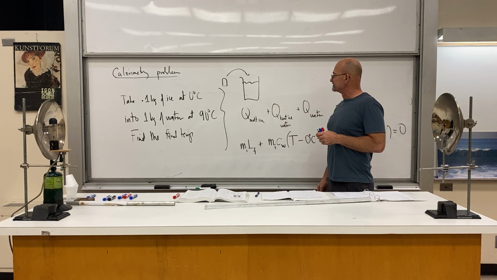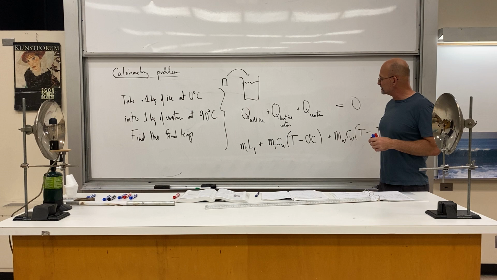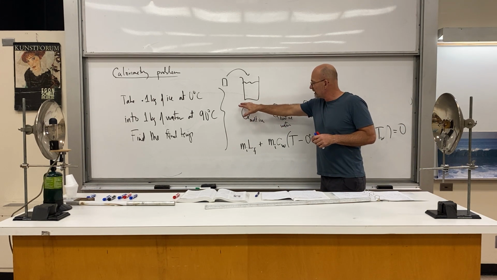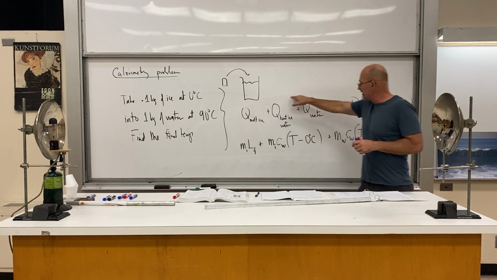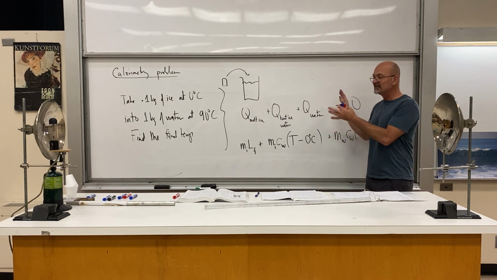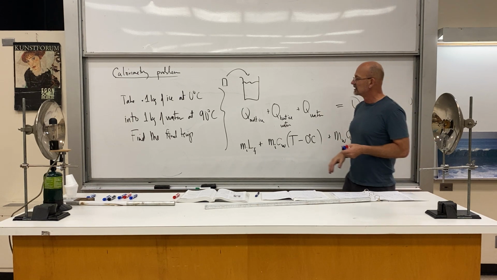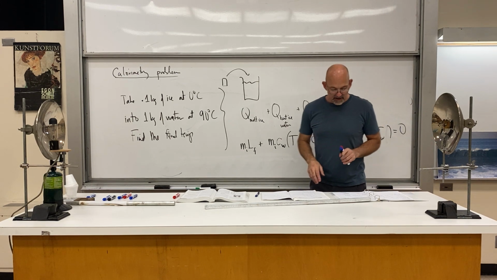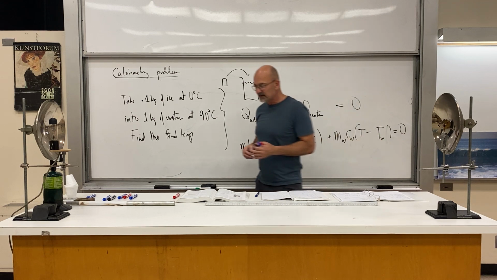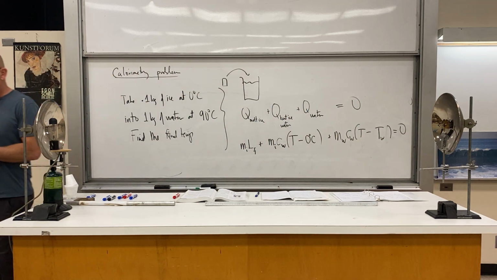No problem. Okay, so the principle always, though, is that the sum of all of these heat quanta is 0, because it's just flowing from one object into another. Good. So I'll put a calorimetry problem or two on today's homework. Let's check the time.